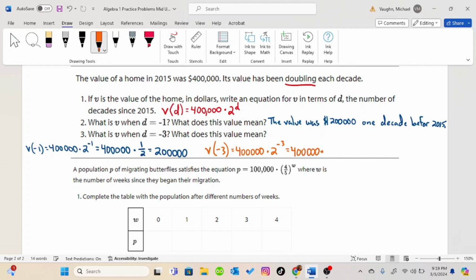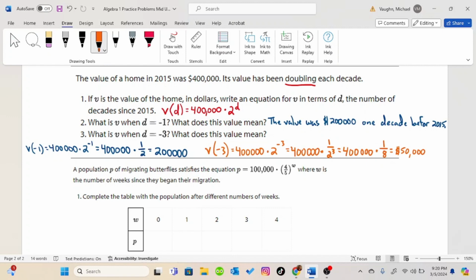The negative tells us we want the reciprocal, or the inverse, 1 over 2 cubed. 2 cubed is 8, so this becomes times 1 over 8, and that equals $50,000.